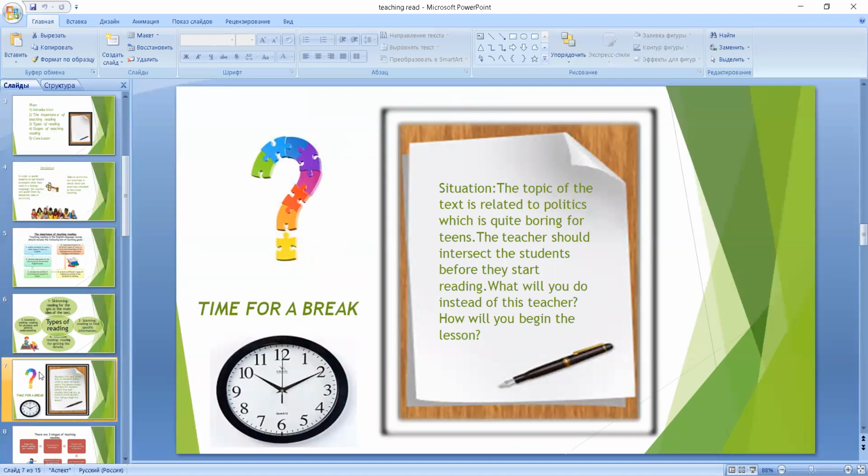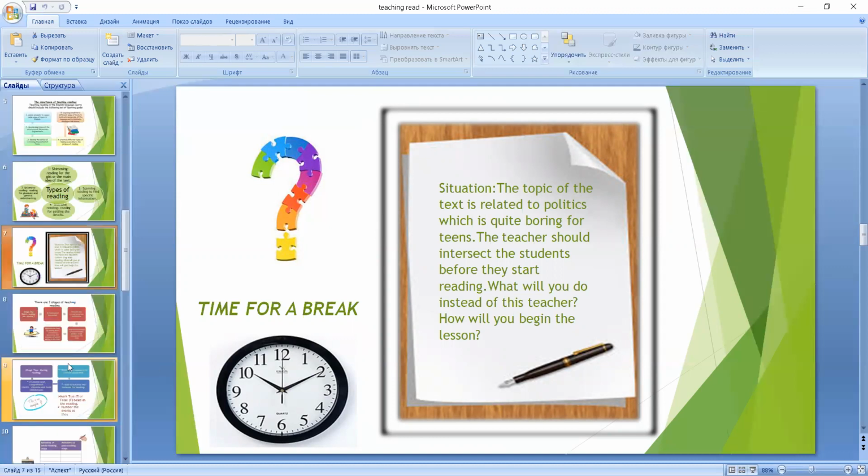For example, the situation: the topic of the text is related to politics, which is quite boring for teens. The teacher should interest the students before they start reading. What will you do instead of this teacher? How will we begin the lesson?